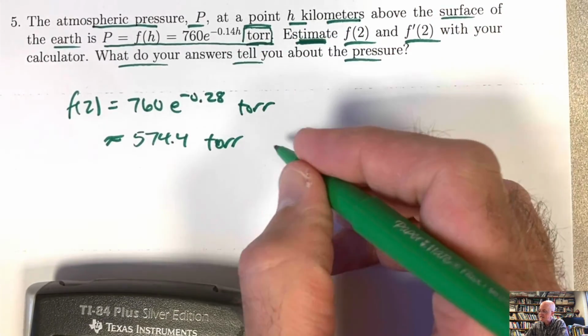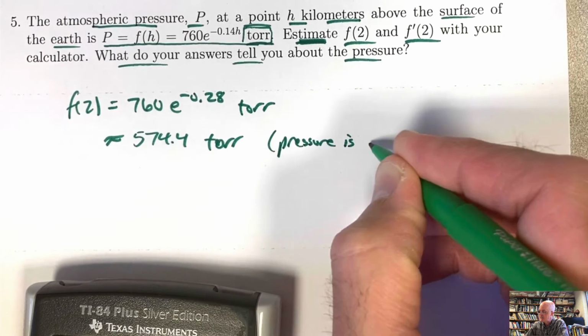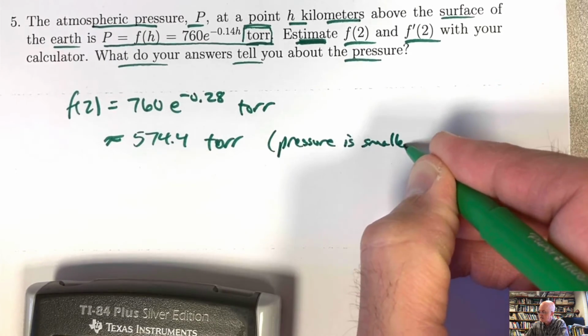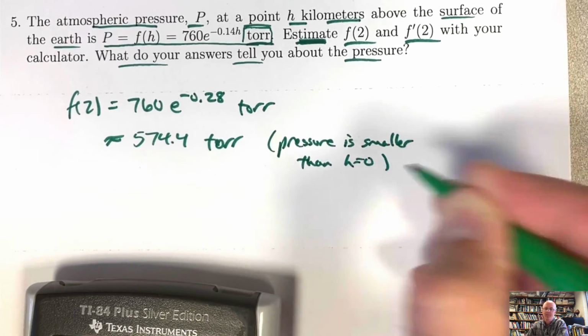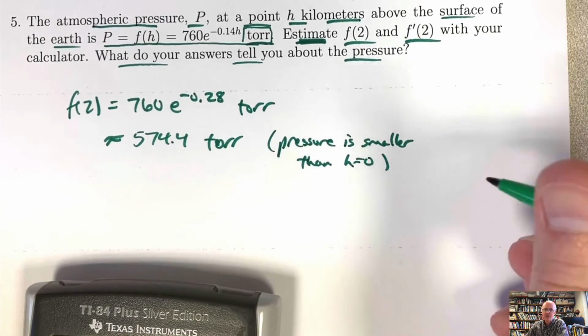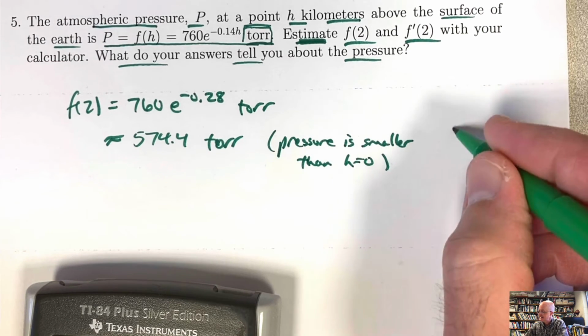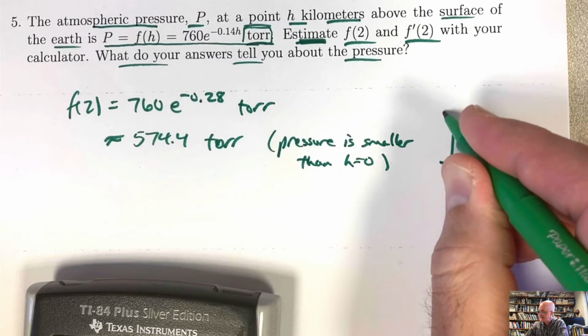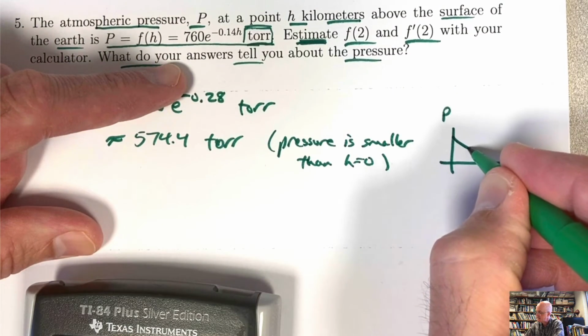The pressure is smaller than at h equals 0, for example. More generally, you can say pressure is a decreasing function of height. It is exponential decay. Its graph is decreasing. It's also concave up.